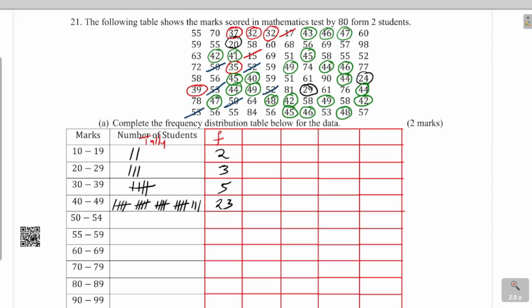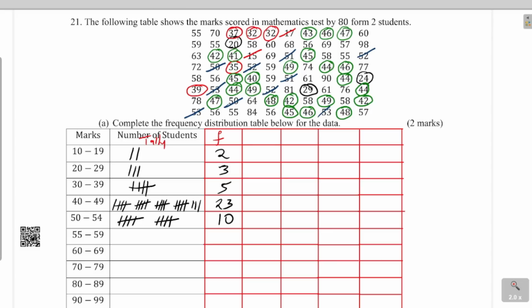This one there. 52. 51, 51, 53, 52. Let me count. So we have 1, 2, 3, 4, 5, 6, 7, 8, 9, 10. There are 10. So 1, 2, 3, 4, 5, and 1, 2, 3, 4, 5.